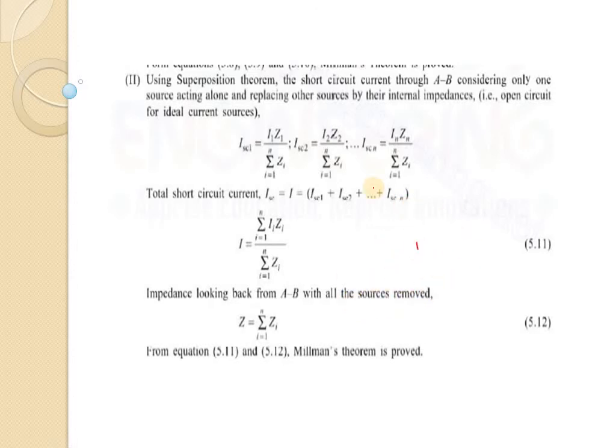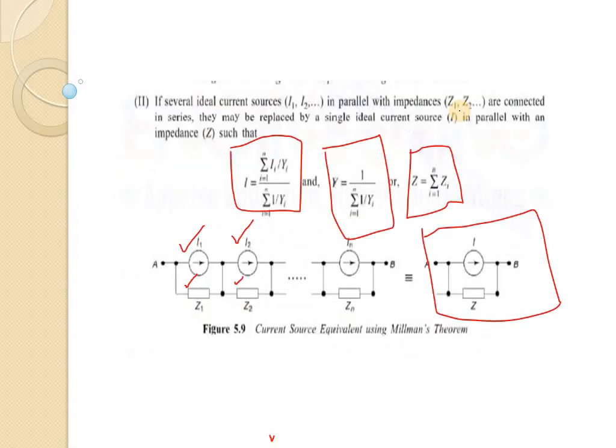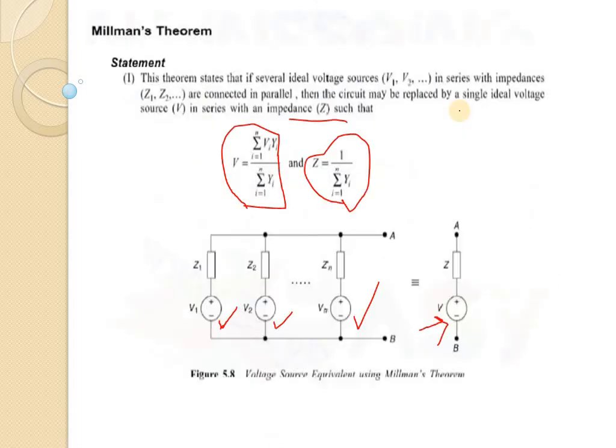So Isc1 equals I1 into Z1 divided by summation of Zi, i equals 1 to N. In a similar way, Isc2 equals I2 into Z2 divided by summation of Zi, i equals 1 to N. In that way, we can calculate the short circuit current using the superposition theorem, where all the other sources are replaced in this given circuit.